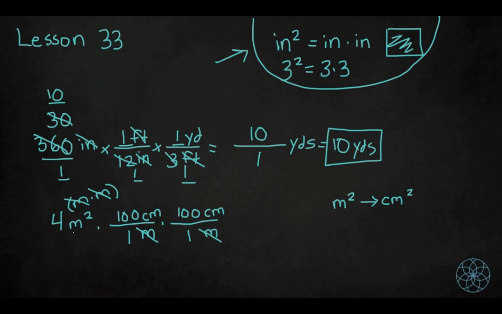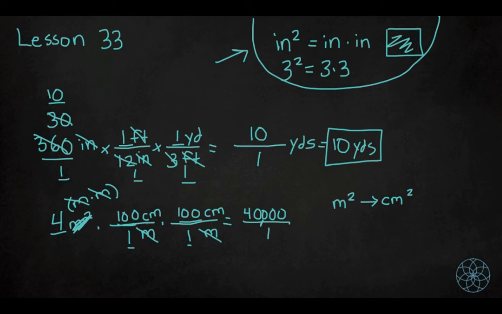So this is gone because I just wrote out meters times meters, and that's canceled by the 2 meters in the denominator. Now let's go ahead and multiply. I don't see anything we can simplify because we only have ones in the denominator, so 1 times 1 is just 1. Then we have 4 times 100 times 100, so that'd be 4, add 2 zeros, 40,000.